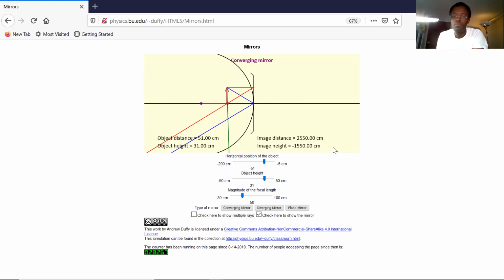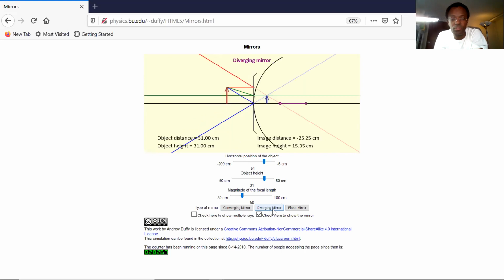Now the diverging mirrors, or the convex, they're also called convex mirrors. See what happens. They are used, I believe, in cars.